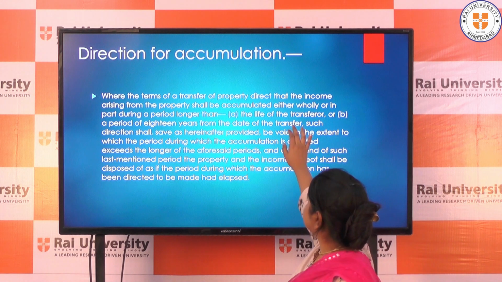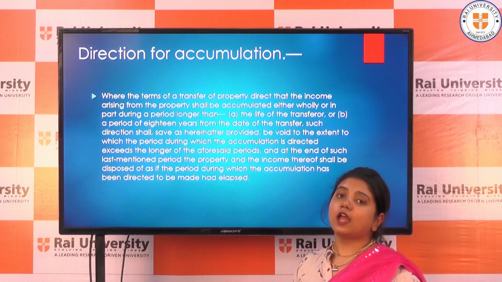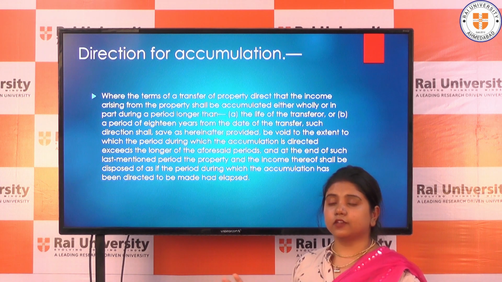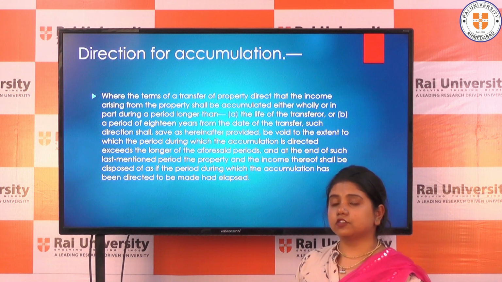But the further point is that this can continue for the life of the transferor or a maximum of 18 years. Which prevails here, 18 years or the life interest?